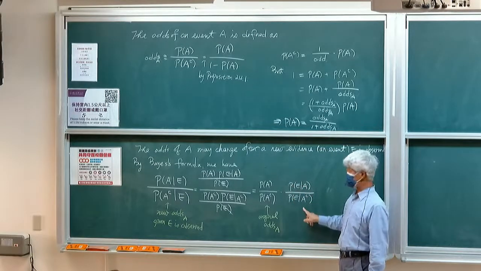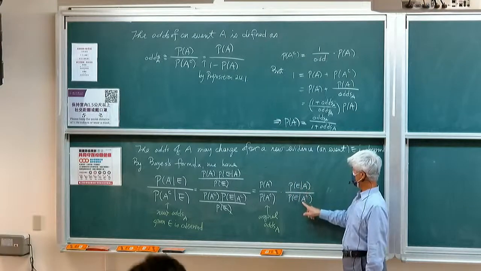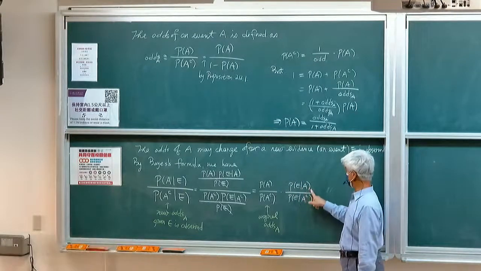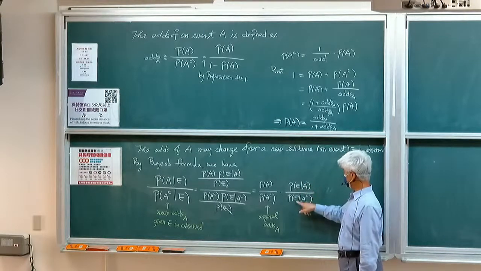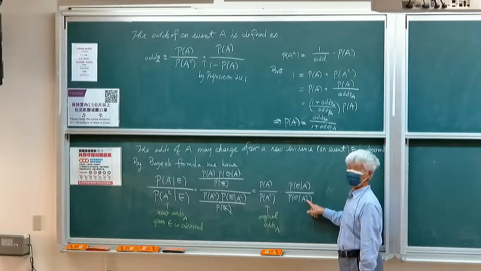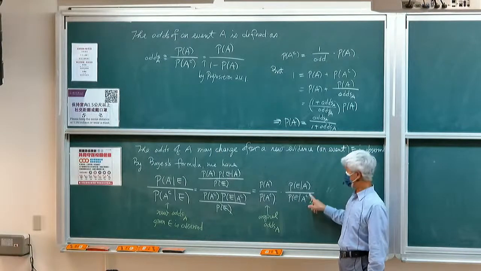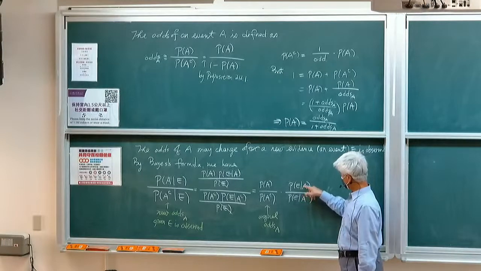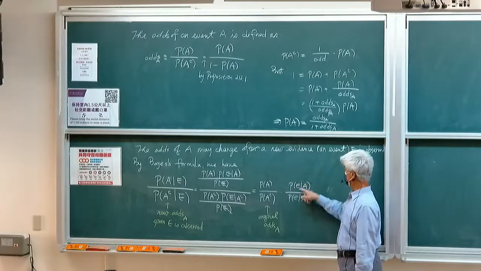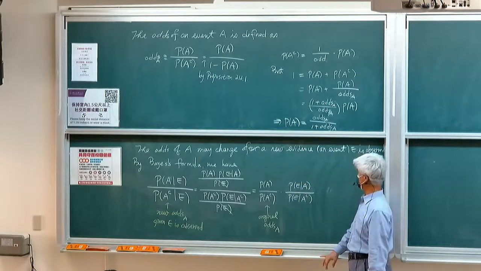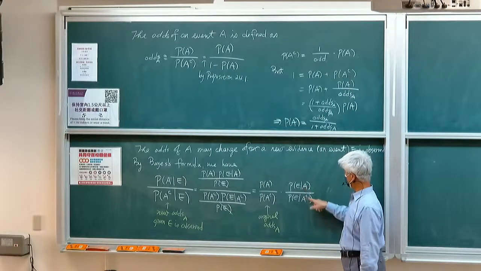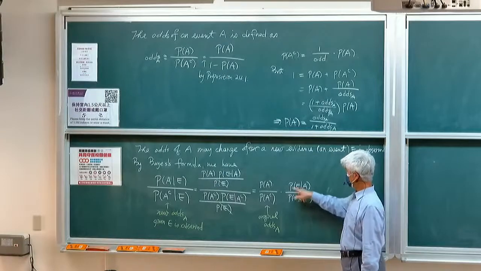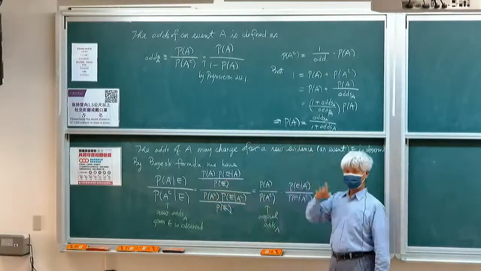This ratio greater than 1 means that the numerator is greater than the denominator, which means that the conditional probability of the event E given A is bigger than the conditional probability of the evidence given not A. So that means that if the evidence is more likely once the event A occurs, more likely than not A, then the new odds will increase.